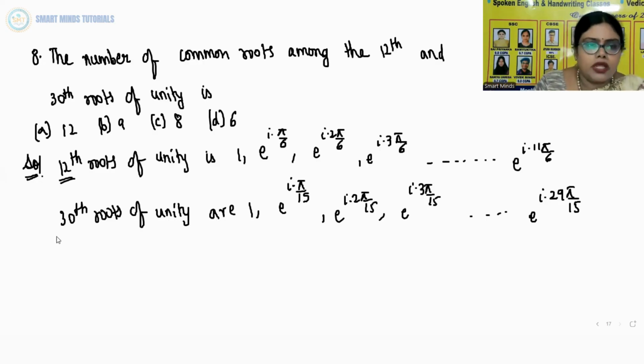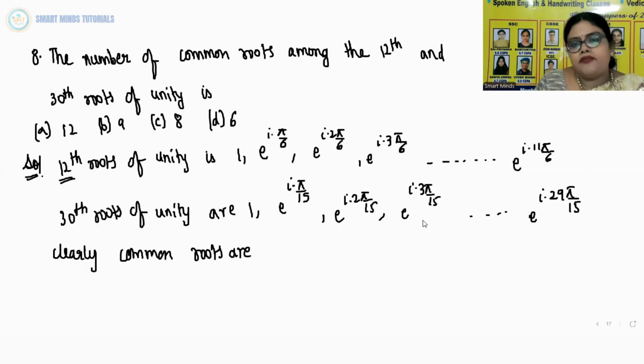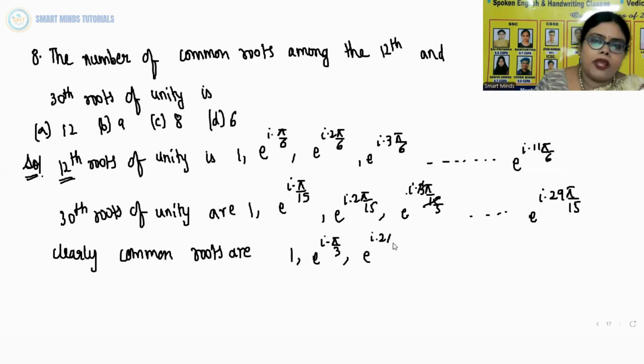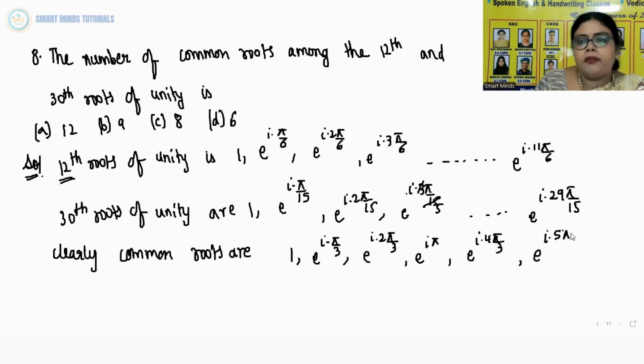So from these, what are common? So clearly, what are the common roots? See, if you take e power i into 3 pi by 15, 3 ones are 3 fives, right? We can cancel the terms. So like that, if you take terms common, 1 is common, e power i pi by 3 is common, e power i 2 pi by 3 is common, then e power i pi is common, and e power i into 4 pi by 3 is common, and e power i into 5 pi by 3 is common.